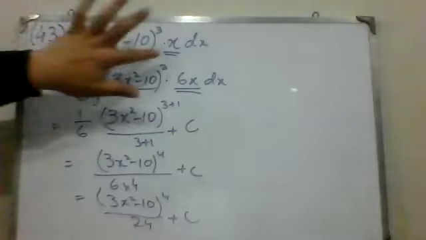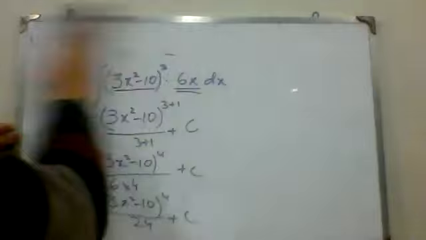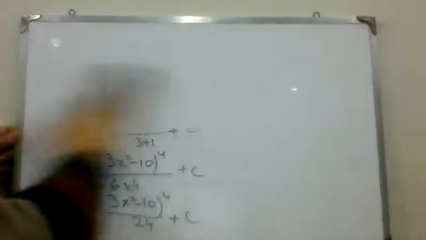If the constant term is missing, then we multiply and divide with that constant term. So that is the rule by which we can solve. Now again, question number 44, where you can better understand how we multiply and divide the constant term. You can see question number 44.